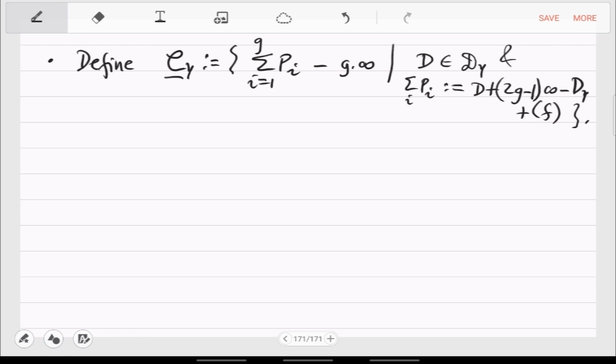So this is a nice object because you can show that this is a quasi-projective variety. Okay, so these degree 0 divisors which you have, there is actually an algebraic system whose solution it represents.